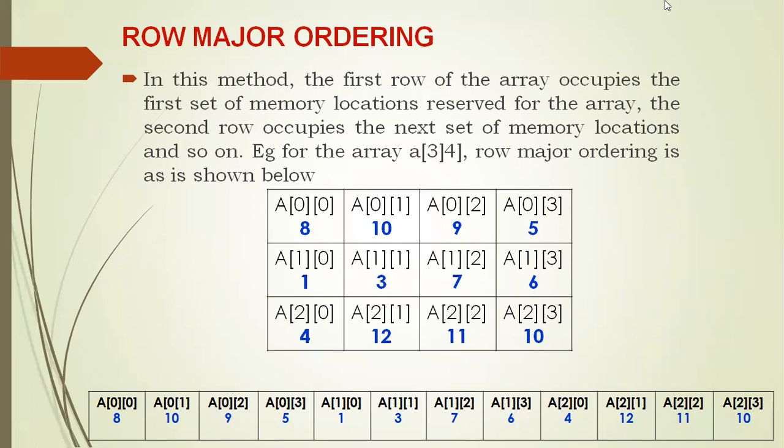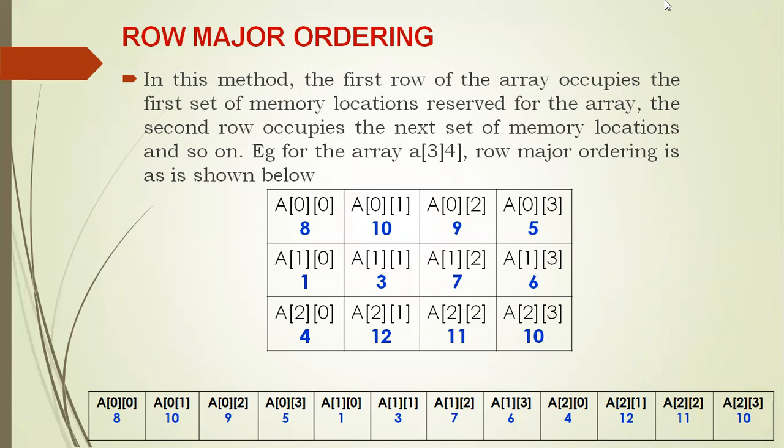You can observe from both the table and the bottom row which are the elements of the first row: 8, 10, 9, 5. They occupy the first 4 locations in the corresponding 1D representation. The first location is 8, second location is 10, third location is 9, fourth location is 5.